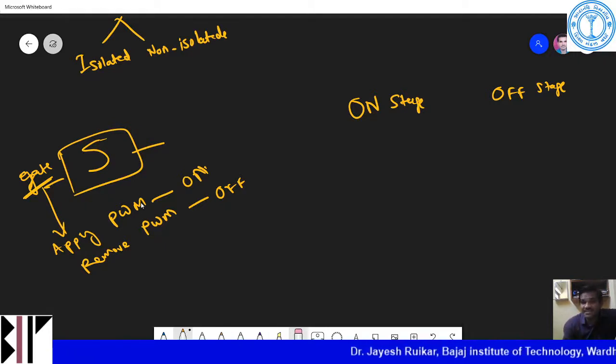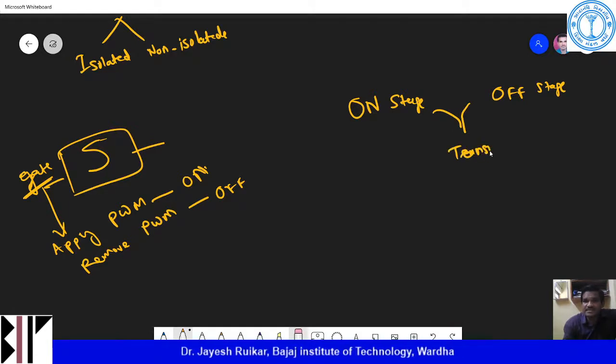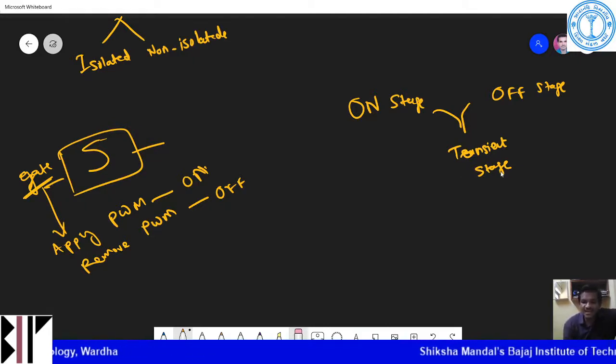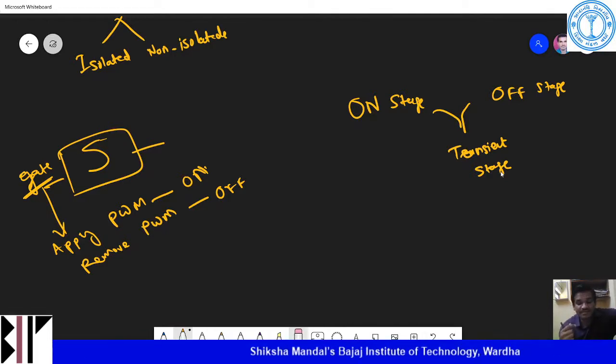There is also one middle stage, which we call the transient state. In the transient state you can see that there is power loss.